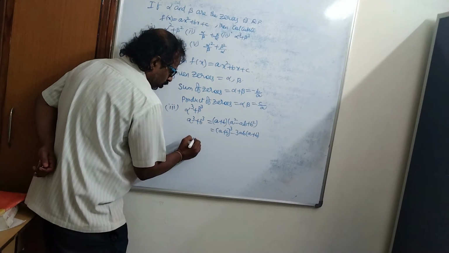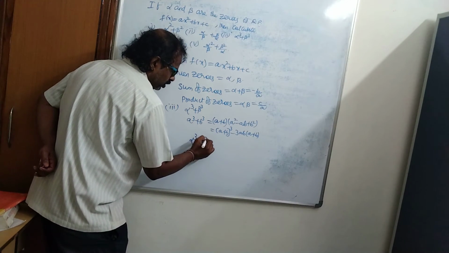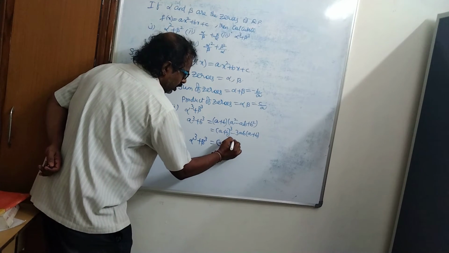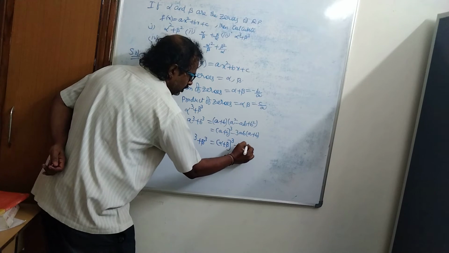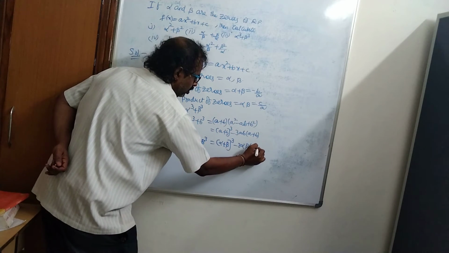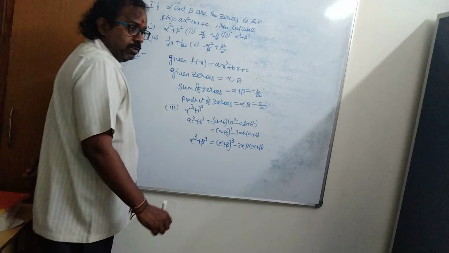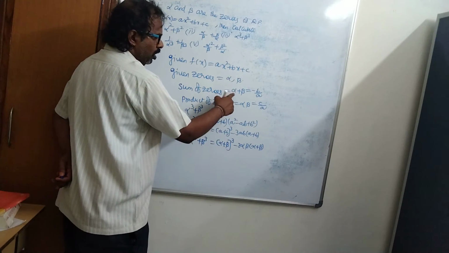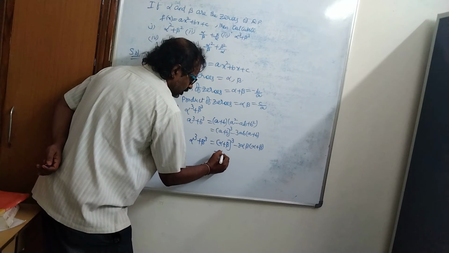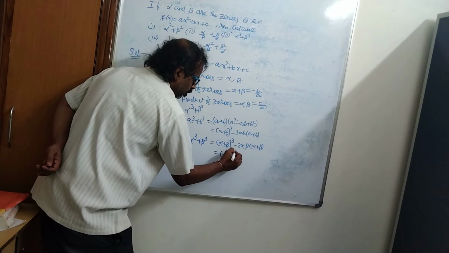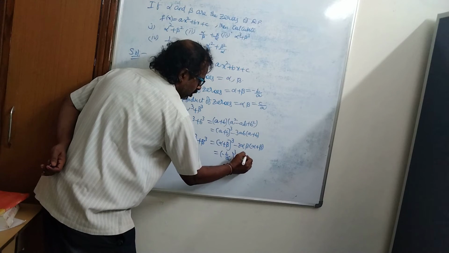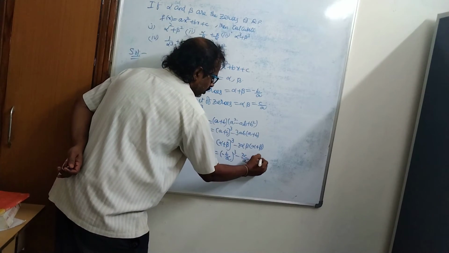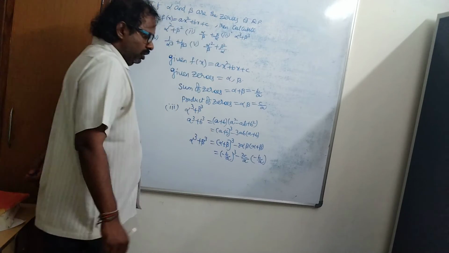So alpha cube plus beta cube is equal to (alpha plus beta) whole cube minus 3 alpha beta into (alpha plus beta). Now alpha plus beta is the sum of zeros, minus b by a, whole cube, minus 3c by a into (alpha plus beta), minus b by a.